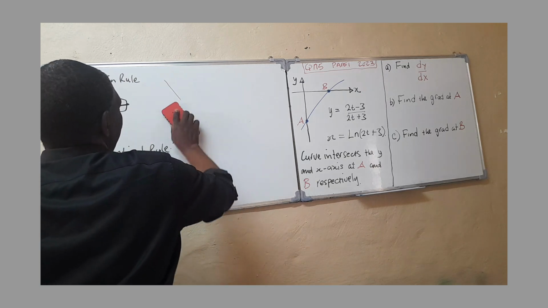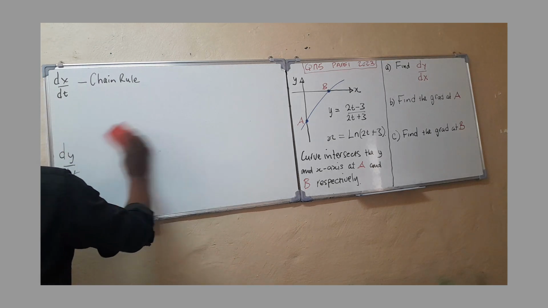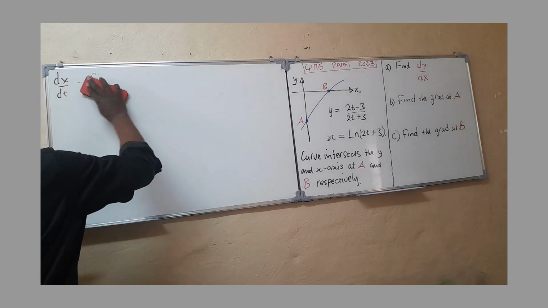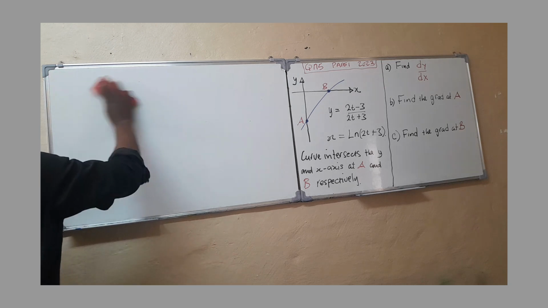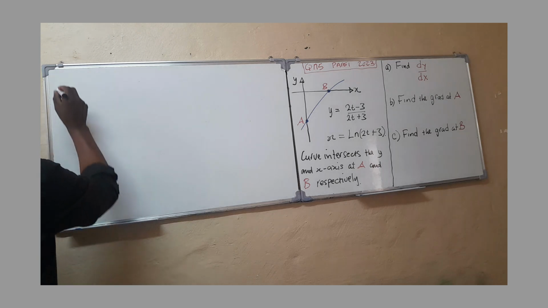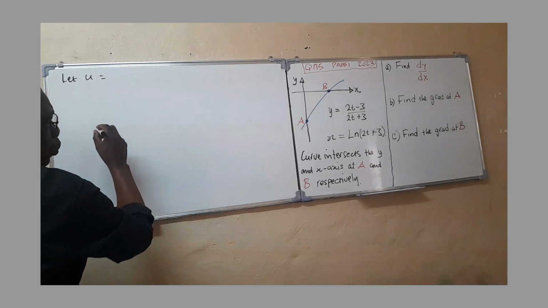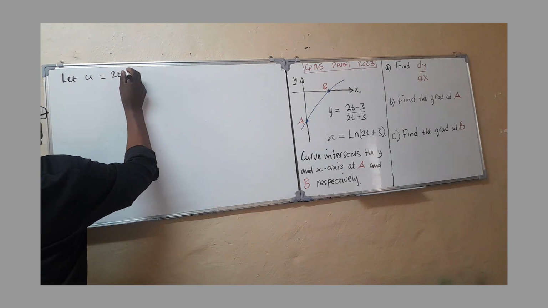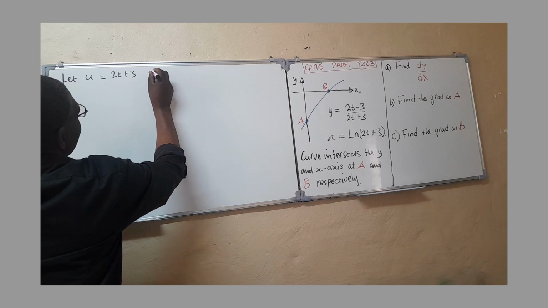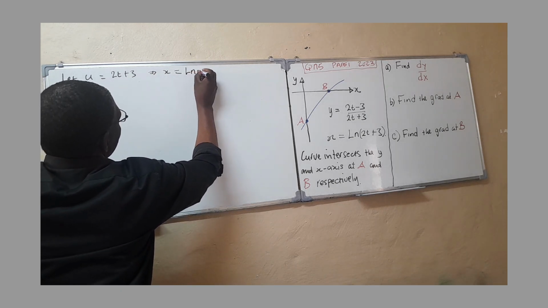Now, we said x is a function of a function, and so therefore, we have to go via this route. Let u equal to 2t plus 3. This would then imply that x is equal to ln u.